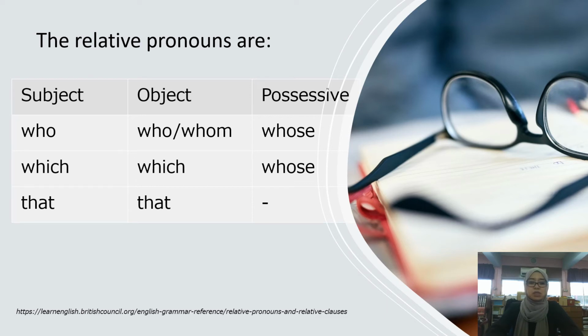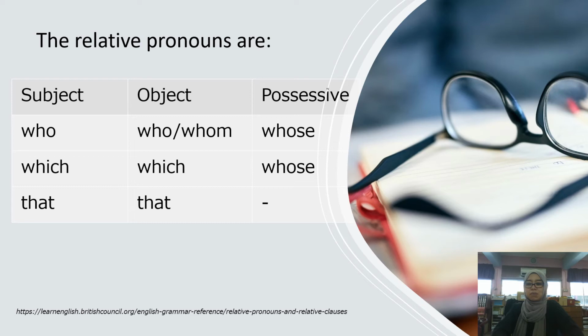Number two, we use which for things like house, wood, and so on. And the next one is the word that. The word that can be used for people or things.